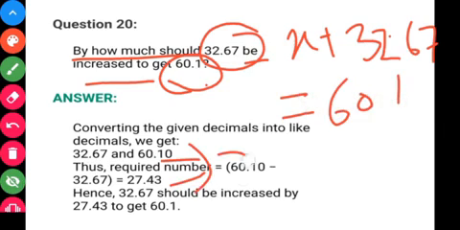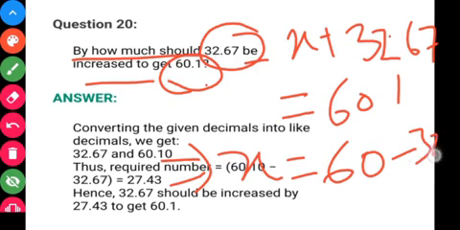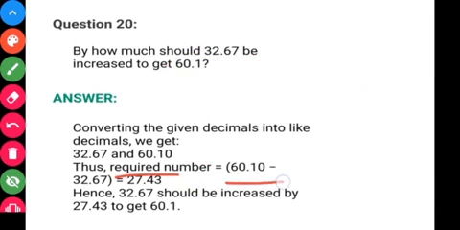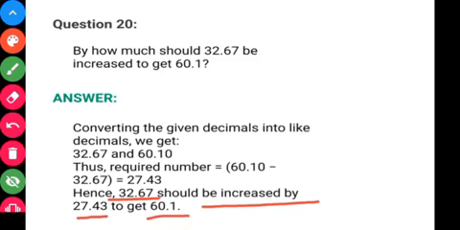So the required number x is equal to 60.10 minus 32.67. Understand? Now you can write the difference of this, which is 27.43. So hence 32.67 should be increased by 27.43 to get 60.10.